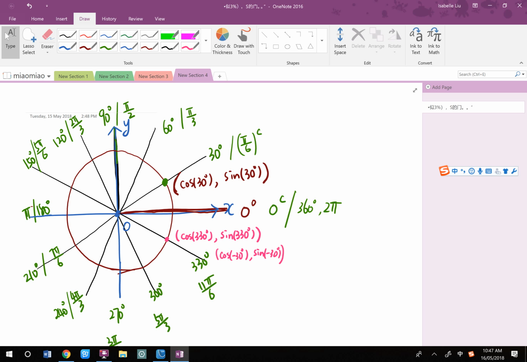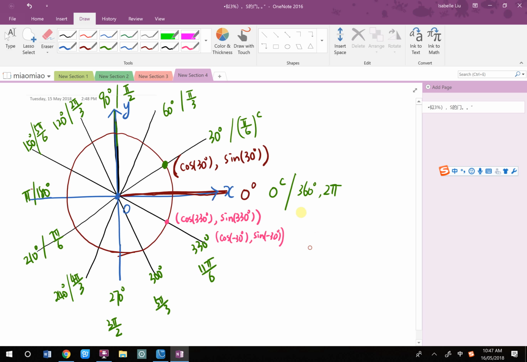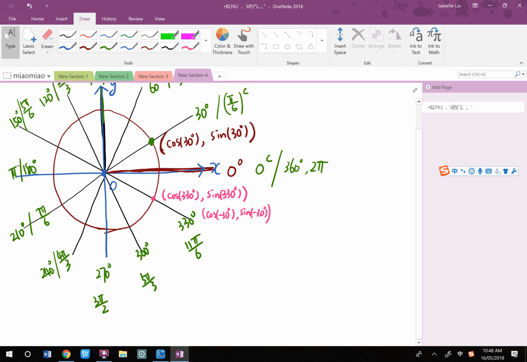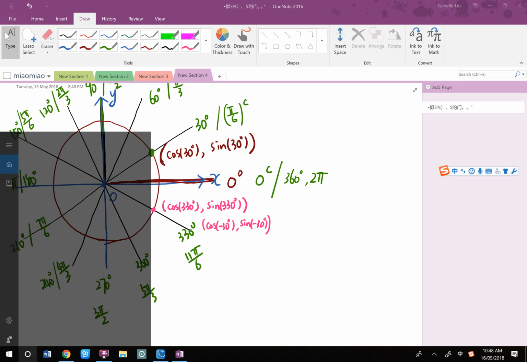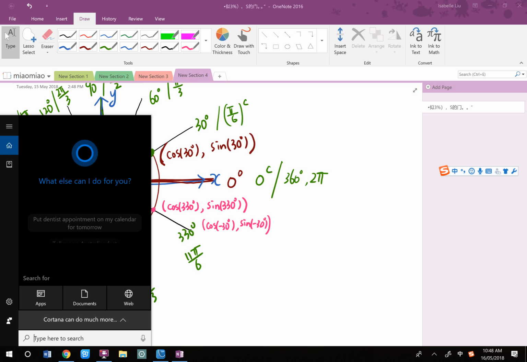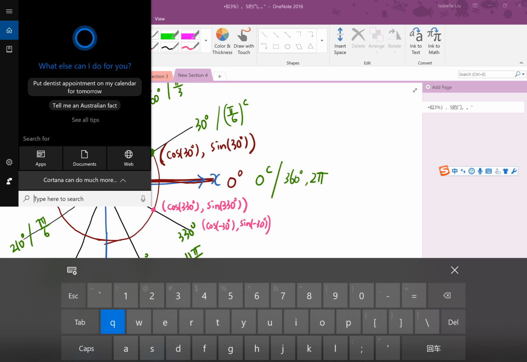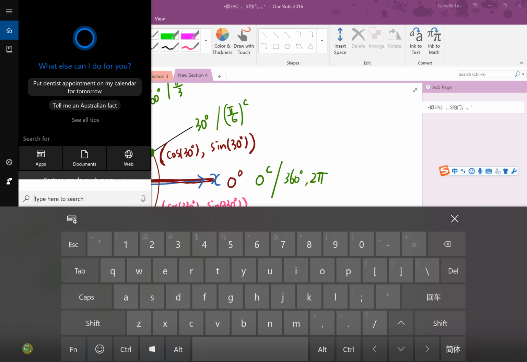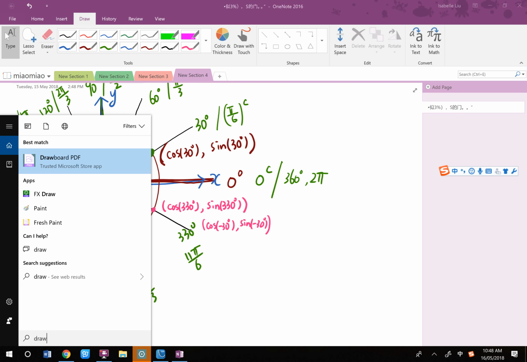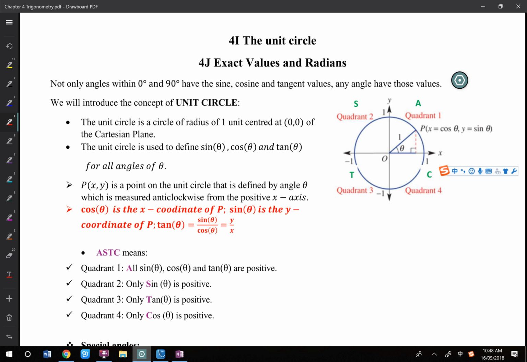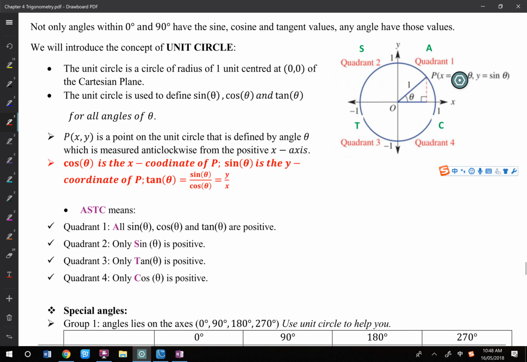Then I will introduce, let's talk about the tangent for the next part. For the tangent, we must remember this formula here.